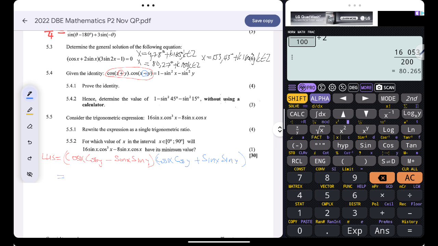We can all see that this thing is a factorized version of the difference of two squares, right?